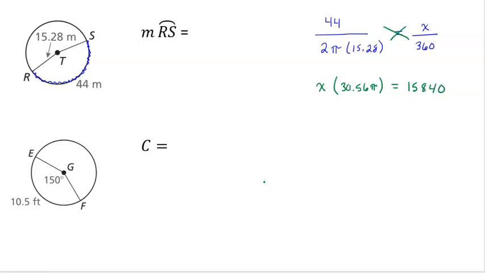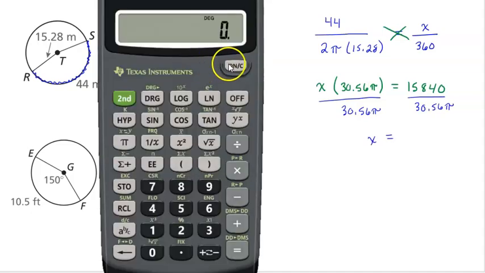If I want to get x by itself, I'm just going to divide by that circumference. Let's get out our calculator, clear it out, and I have 158.40 divided by parentheses 30.56 times pi, close parentheses, equals, and this is about the degree measure that we should get for this one.